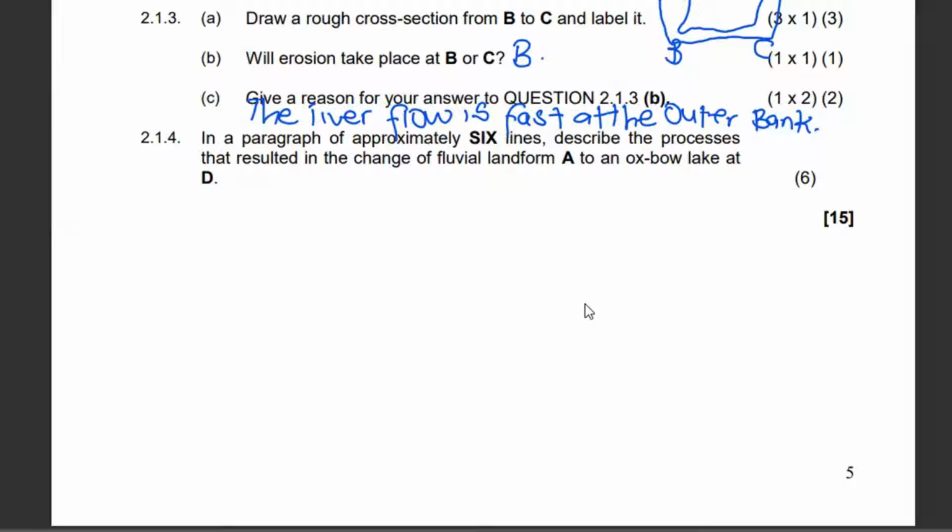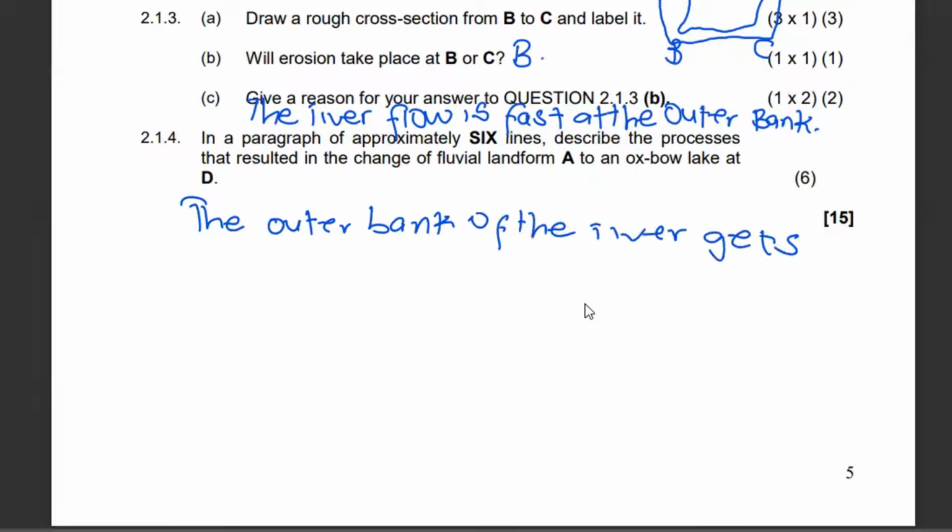First, the outer bank of the river gets eroded.